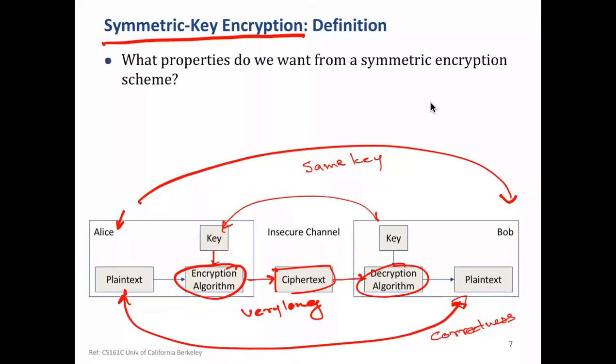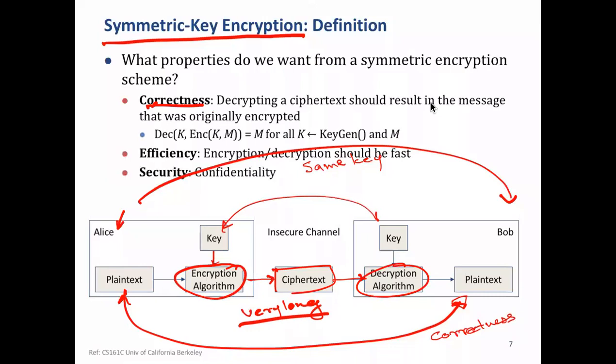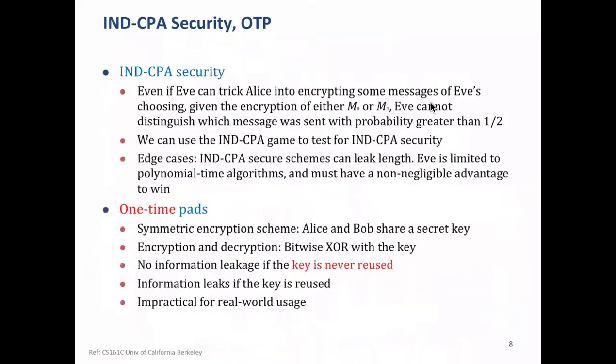So we have seen correctness is important, efficiency is important, and the third thing that's important is confidentiality. Of course, this encryption algorithm should be capable of encrypting the message given one unique key. So these three things, correctness, efficiency, and security, are important.